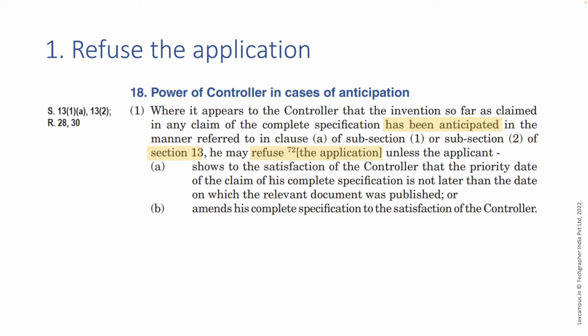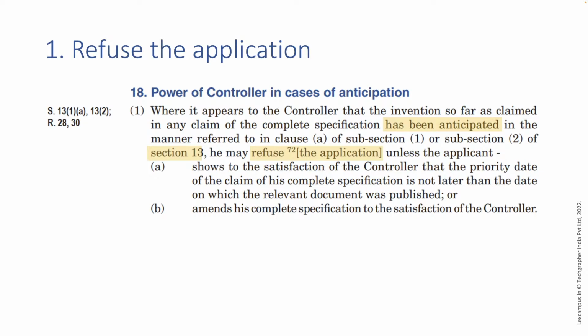We know that under section 13, if there is anticipation, to tell you what anticipation again is, the priority date of an application starts on a particular date. If the subject matter of the application is covered in a document of an earlier priority, which was published, it amounts to anticipation.